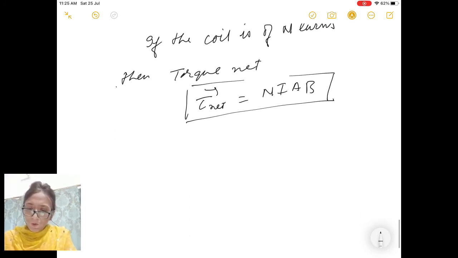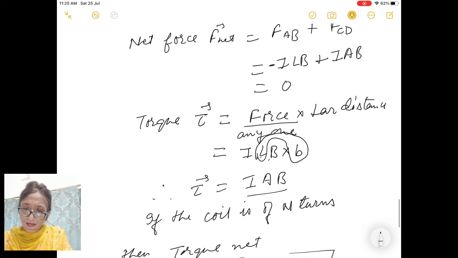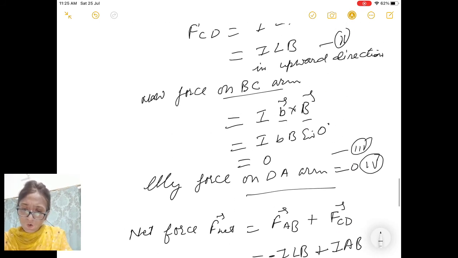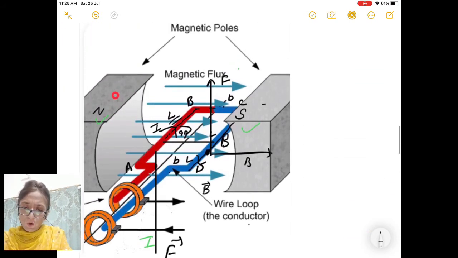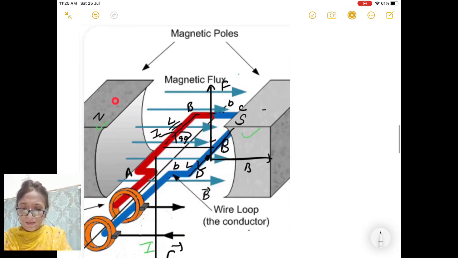Here there are two things I would like to tell you. When you try to write this in terms of a cross product, because torque is a cross product of two vectors, r cross F. Torque is a cross product of two vectors.